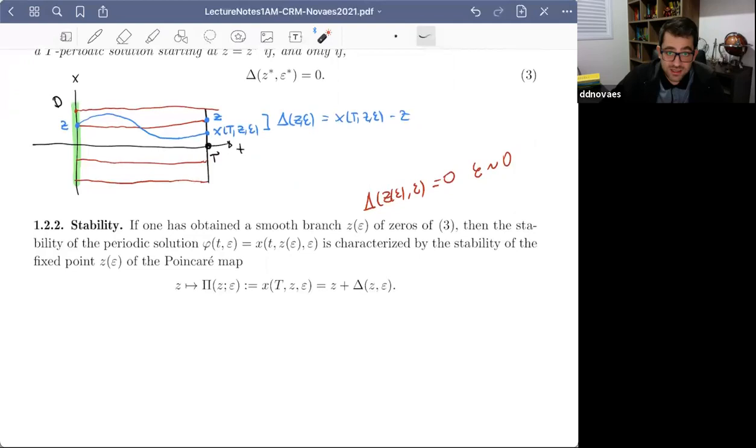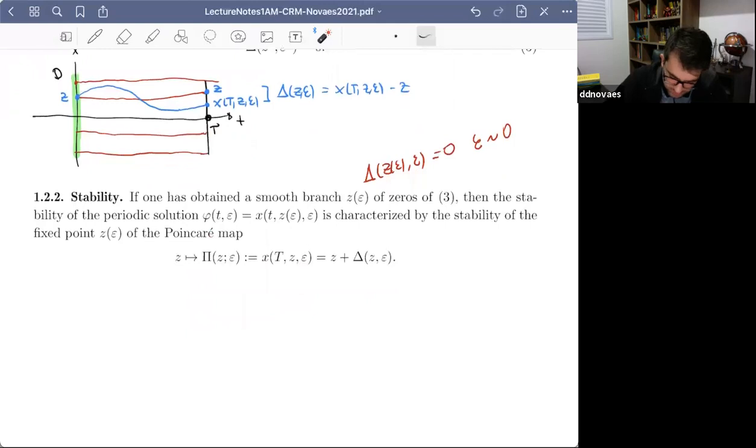In this case, the Poincare map is just the time T map, given by the identity plus the displacement function.